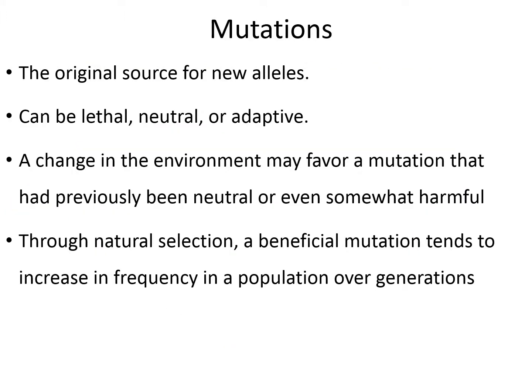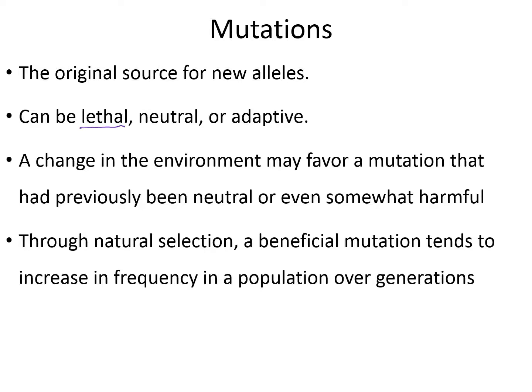Now in semester 1, for the most part, when we talked about mutations, it was in a very negative context. So we saw examples of mutations that cause disease, for example. They were mutations that could be lethal or just cause reduced fitness for the organism. They could be neutral. Some mutations, we saw examples of silent mutations.